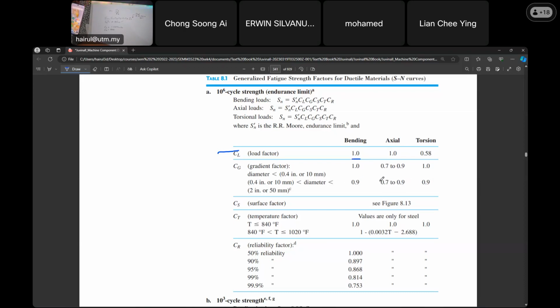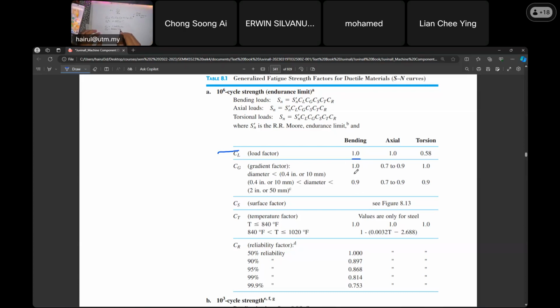For torsion as well, but most of the case for the shaft I just need to highlight that we go for bending, because bending is the most critical on the shaft. Sorry, my mistake. Less than 10 millimeter, you use 1.0 for bending loading. But for 10 to 50 it will be 0.9. That will be the gradient factor.